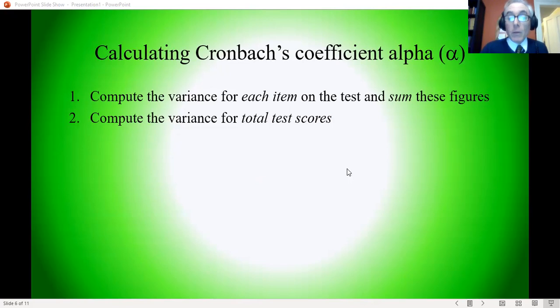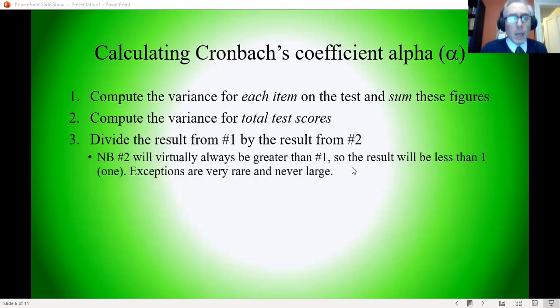You've got the scores and you calculate, or have the spreadsheet calculate, the variance. Then you're going to divide the sum of item variances by the total test variance. Total test variance is virtually always greater because it includes all the individual items plus whatever is shared across items.